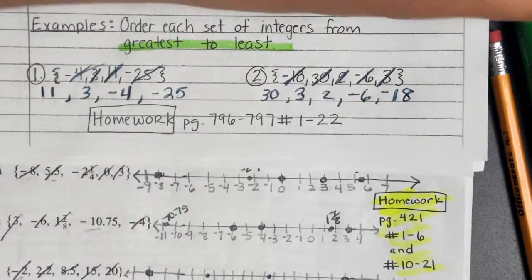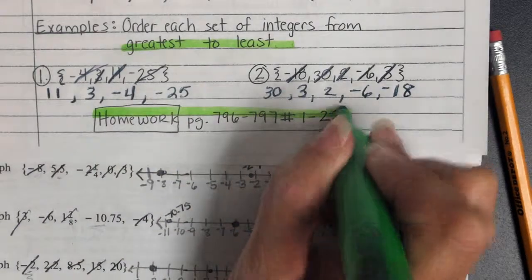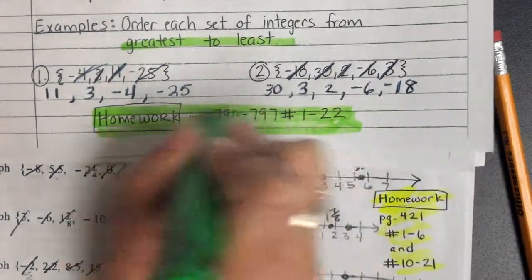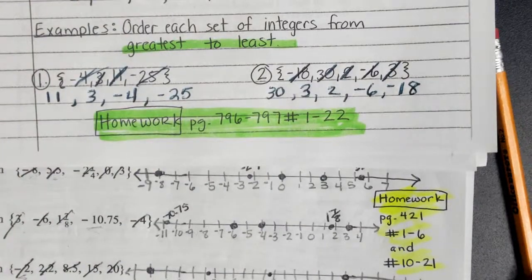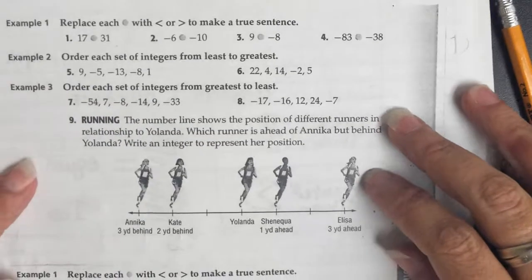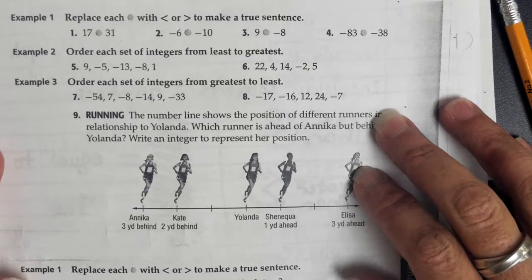Okay? Now, your homework is officially listed right here. But I'll be honest, it's already on the back because we wanted you to be able to get it done in class. Every class has had plenty of time to get it finished. Okay, it is on the back. You can do it on here or notebook paper if you think you can fit it.